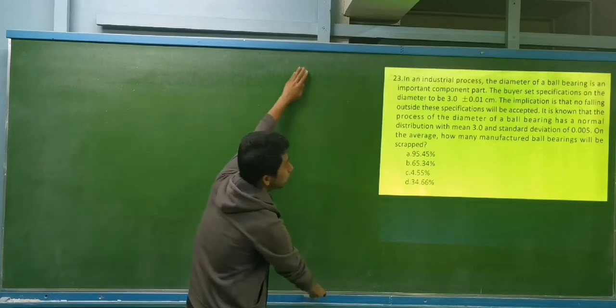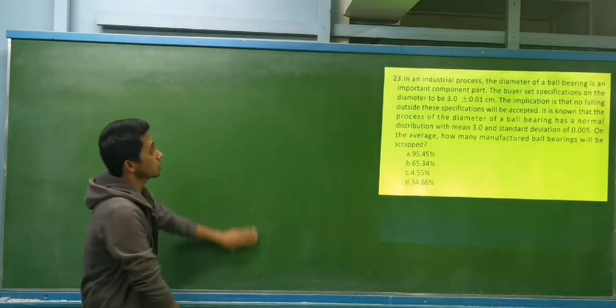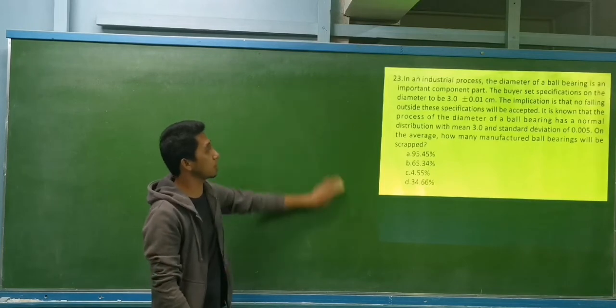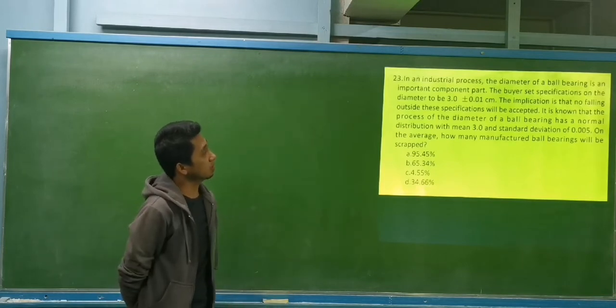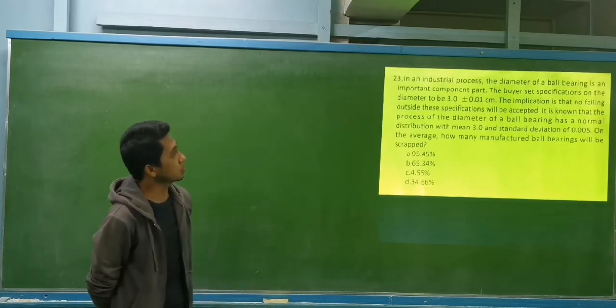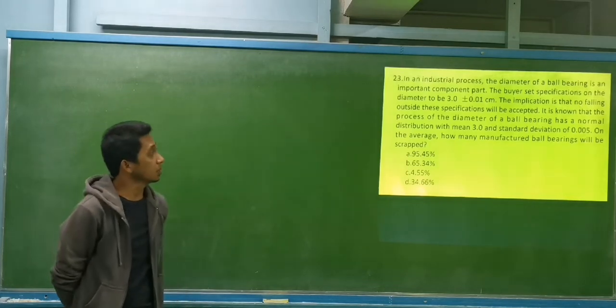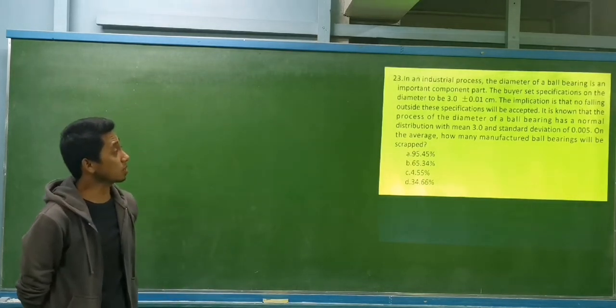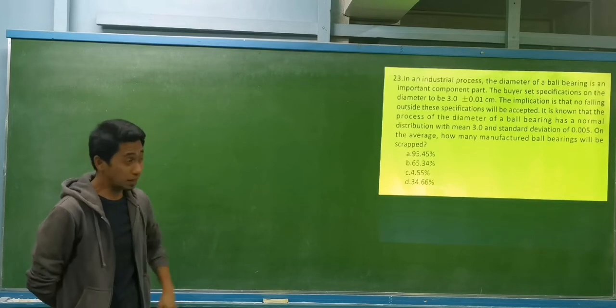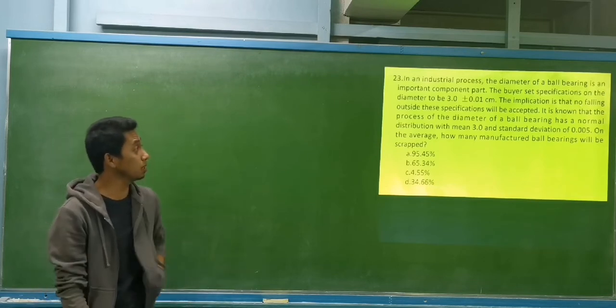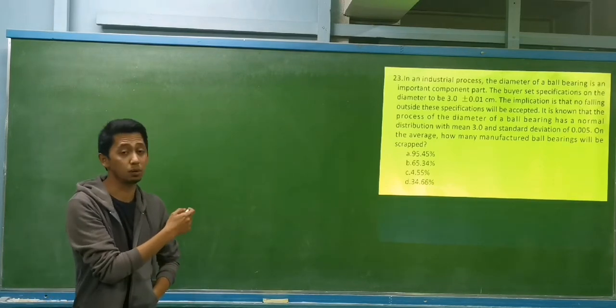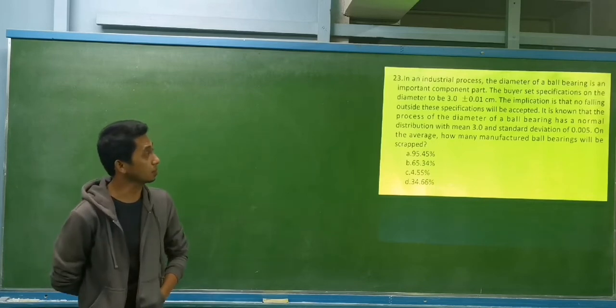So, number 23. Sabi niya dito, in an industrial process, the diameter of a ball bearing is an important component part. The wire is set specifications on the diameter to be 3.0 plus or minus 0.01 centimeters.